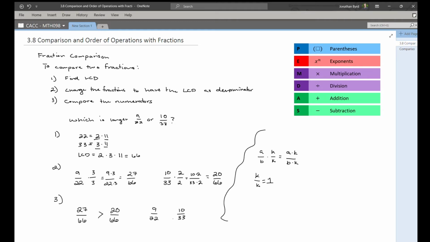Remember that 10 over 33 was the 20 over 66. 9 over 22 is equivalent to 27 over 66. So if 27 over 66 is greater than 20 over 66, that must also mean that 9 over 22 is greater than 10 over 33.